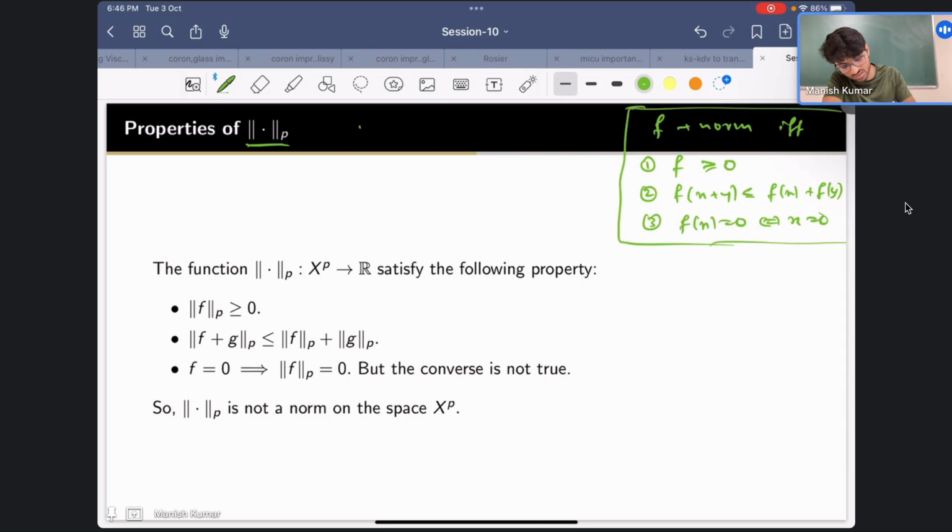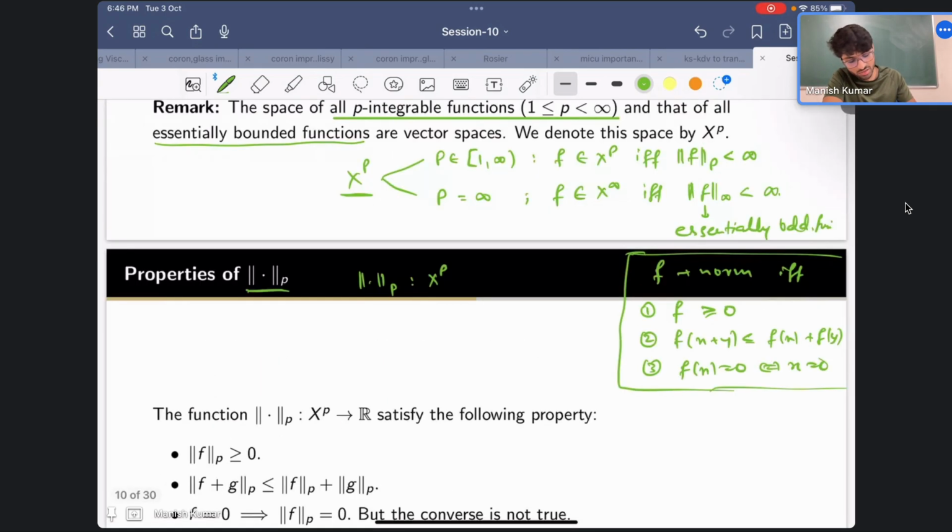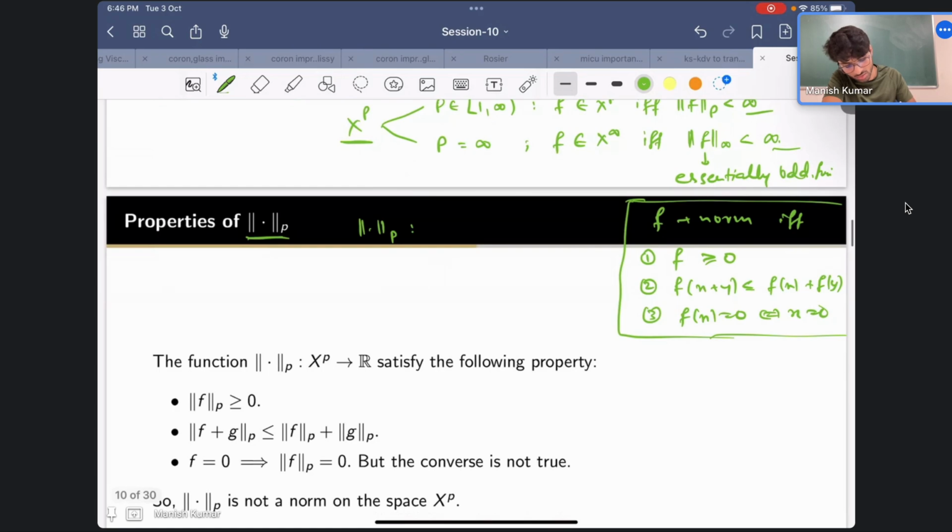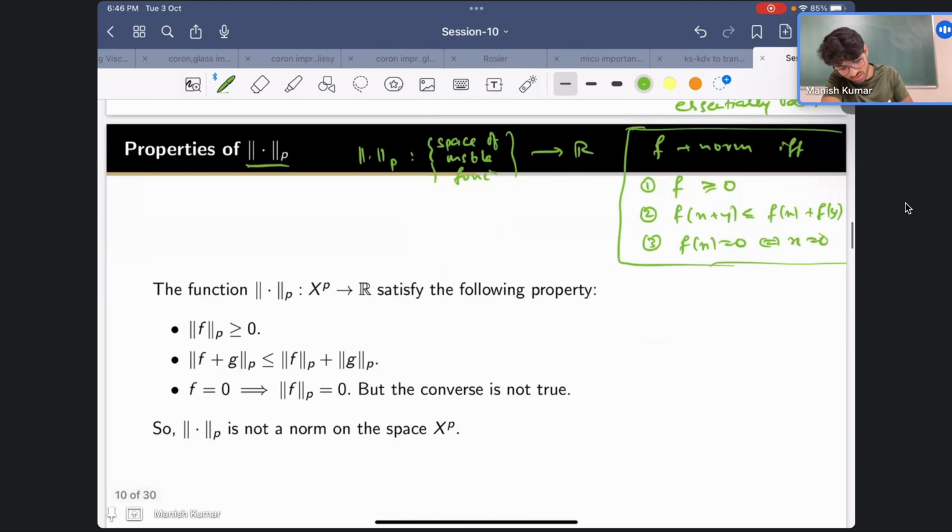So here we define this quantity p on the set of measurable functions, right? Let me denote it by X p. I denoted X p for when these are finite, but we don't need to consider this to be finite for defining this norm. So we can consider the space of measurable functions to R. Let me just write the definition again.